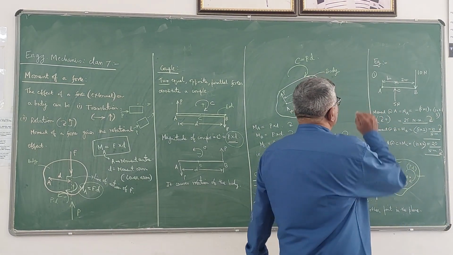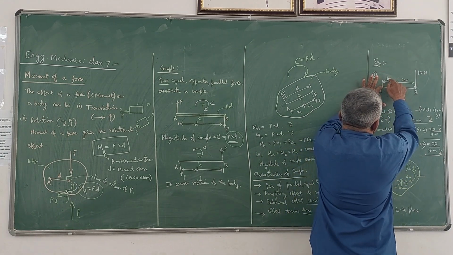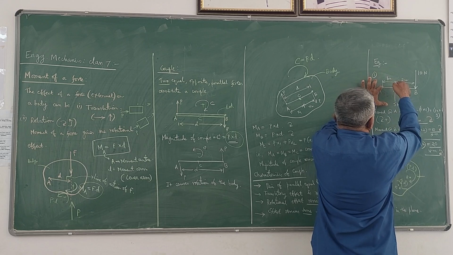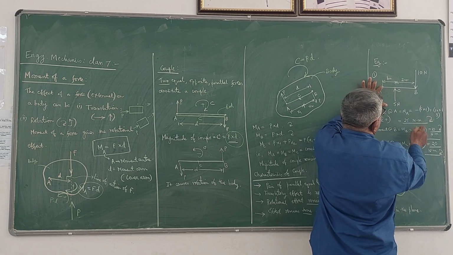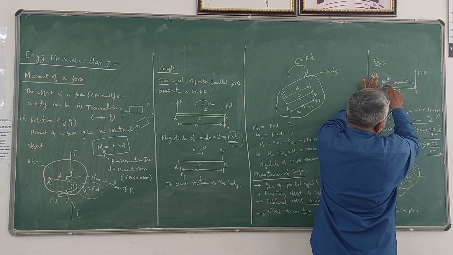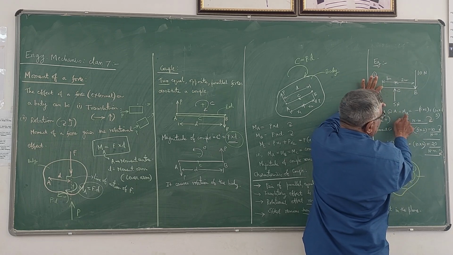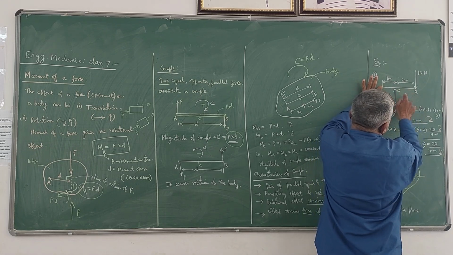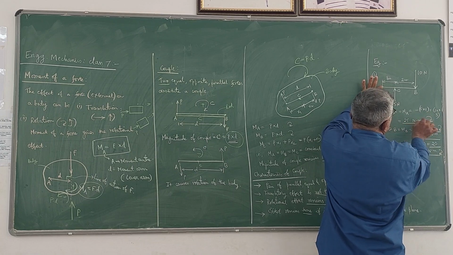So about the point A, the moment of this force will be 5 into 1 and it is giving an anti-clockwise moment, so it is minus 5 into 1. And the moment of this 10 Newton force about the point A will be 10 into 3, that is 1 plus 2. The distance you have to take from A because we are writing the moment about A. 10 into 3. So it will be minus 5 plus 30, which is 25 Newton meter.